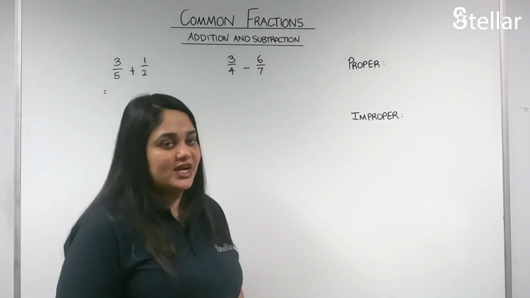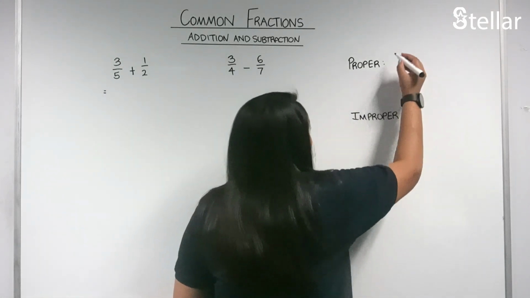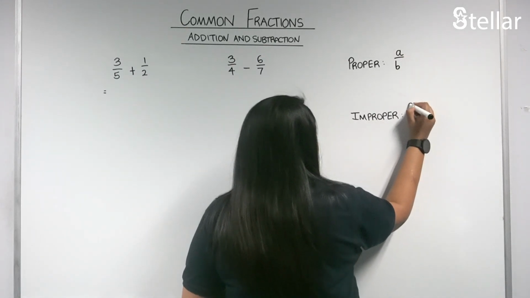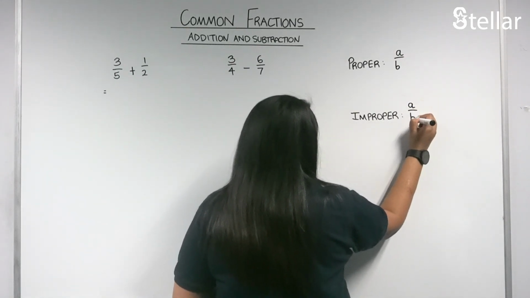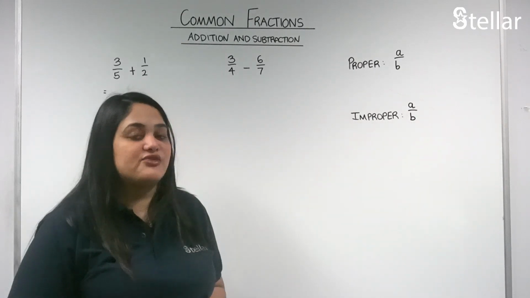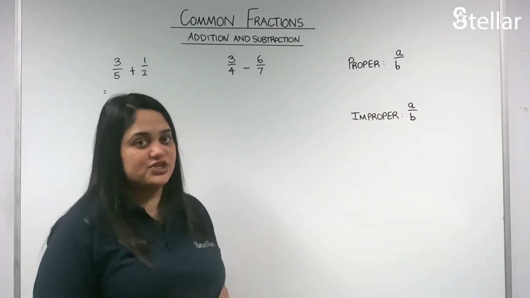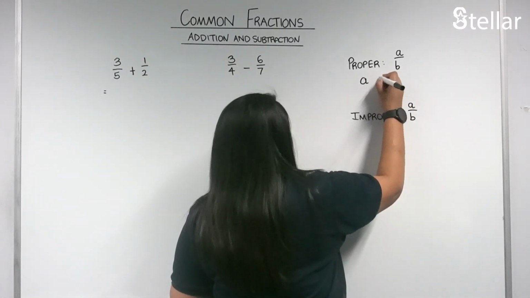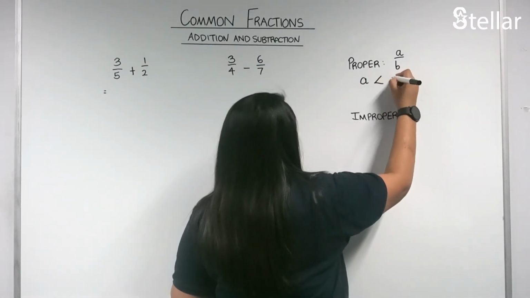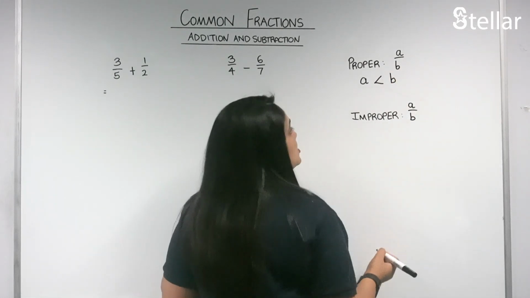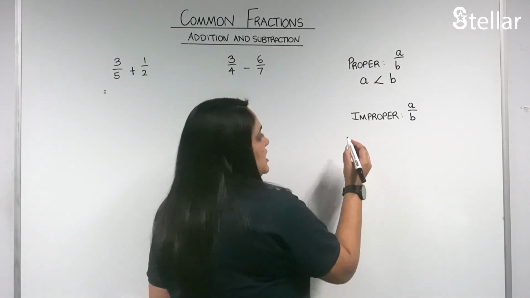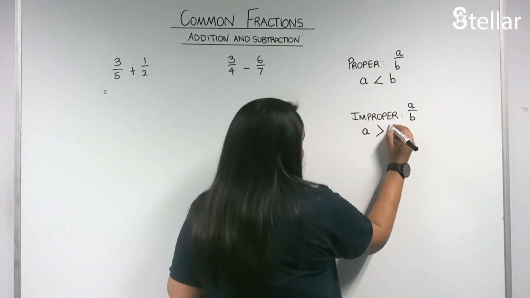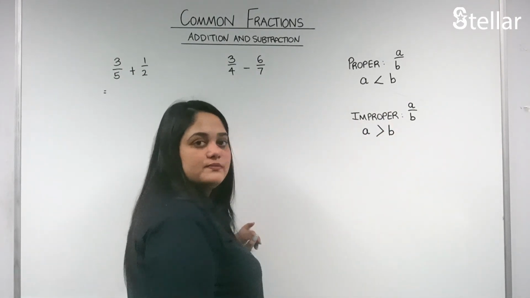So a proper fraction, remember you have a fraction and it's a over b, right, in both instances. But we say that a fraction is a proper fraction when the numerator, when a is less than the denominator. So the opposite will be an improper fraction, where a is greater than the denominator.